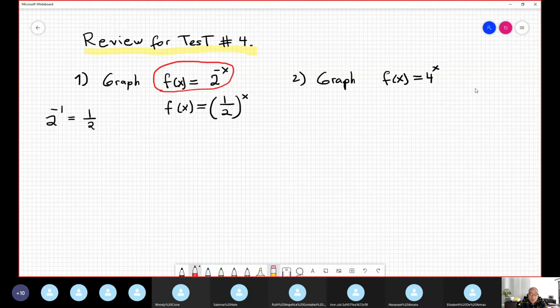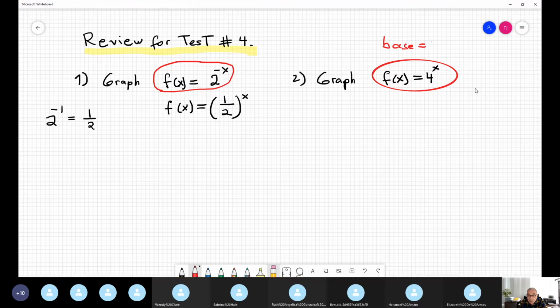You need to remember that when the base of any exponential function is less than 1, the exponential is decreasing. And when the base is greater than 1, like 4, it is increasing. Let me roughly sketch it.